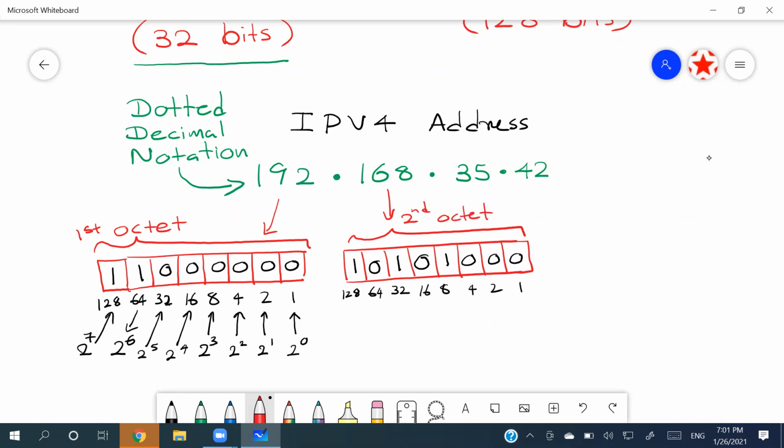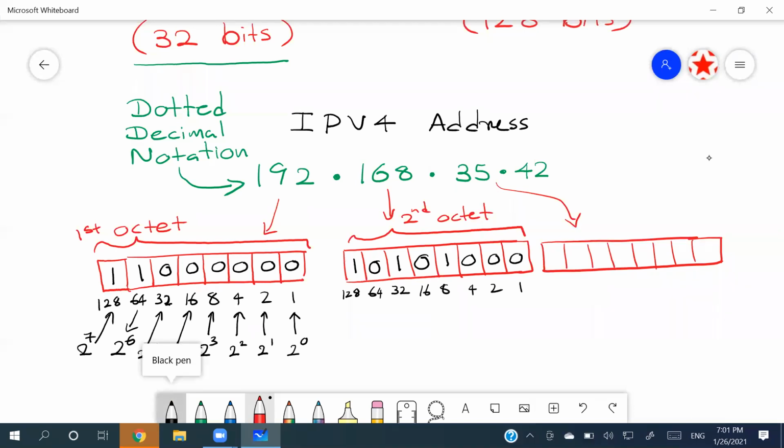Right, so likewise the third octet. Right, you need 35 to be created, so I need 1 over 32 and 1 over 2 and 1 over 1.